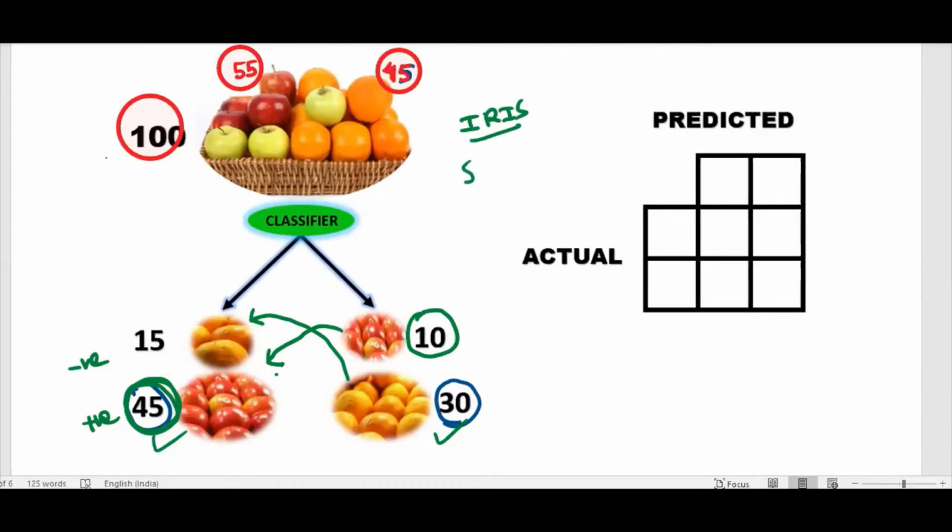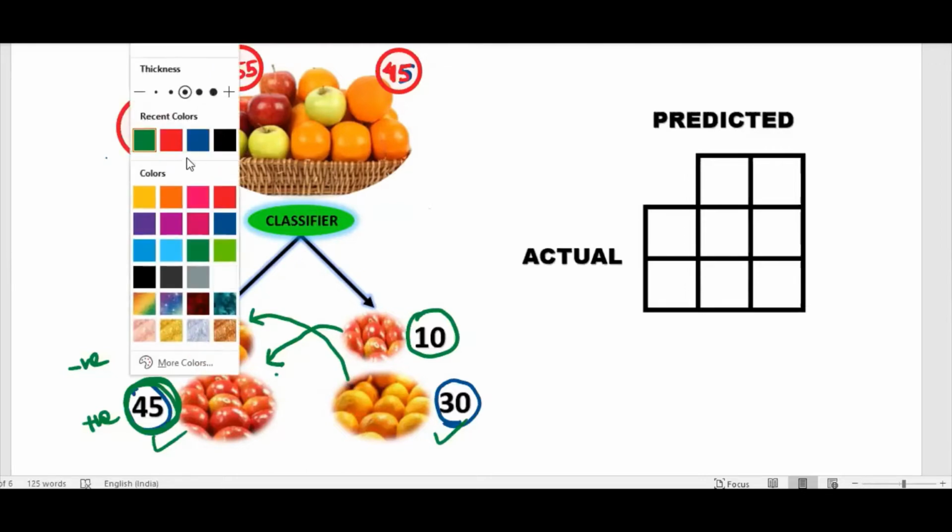One is Setosa, then versicolor, virginica. If you take this as positive, this is negative, what about this? This was the question. That's why I'm saying in a binary classification, you can write positive, negative. So I've considered apple to be positive here and orange negative.